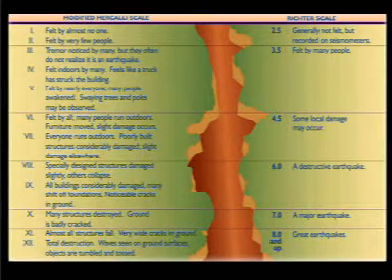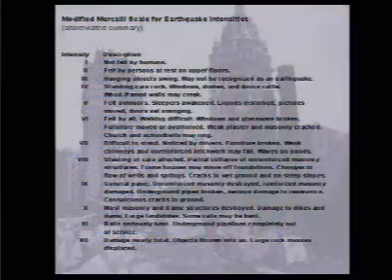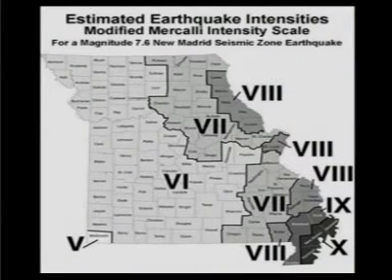In intensity scales, Roman numerals are used. If you see the reports in newspapers, the magnitude is always given in decimals, but the intensity is given in Roman numerals: intensity 8, 9, 10.